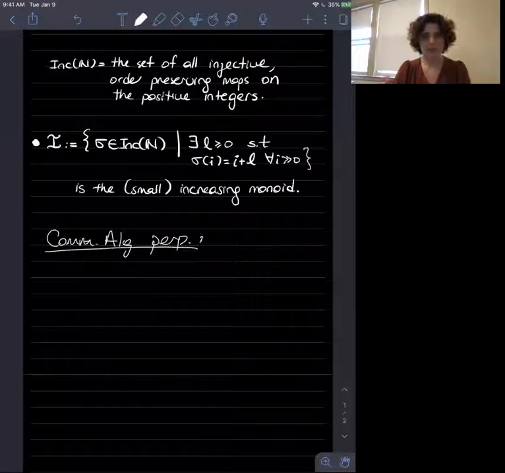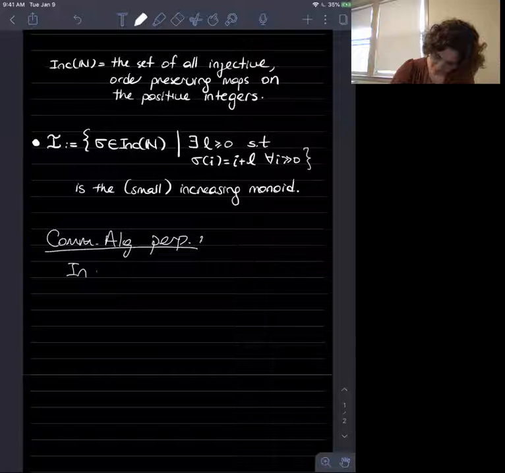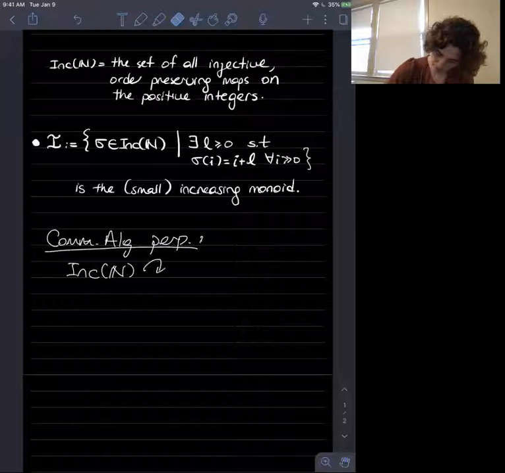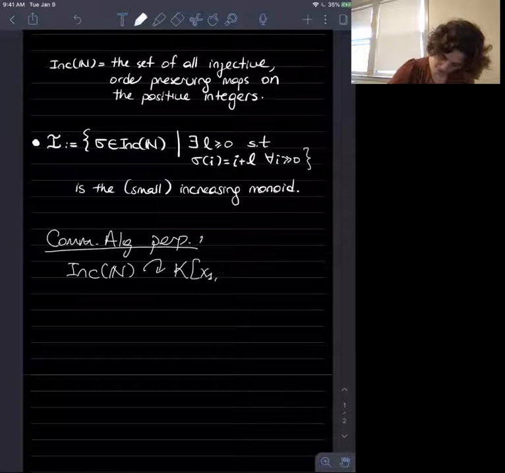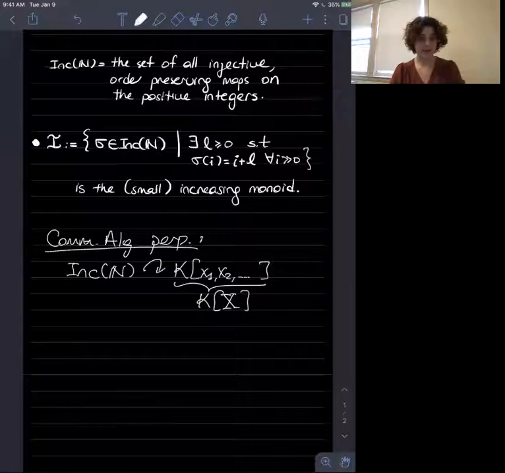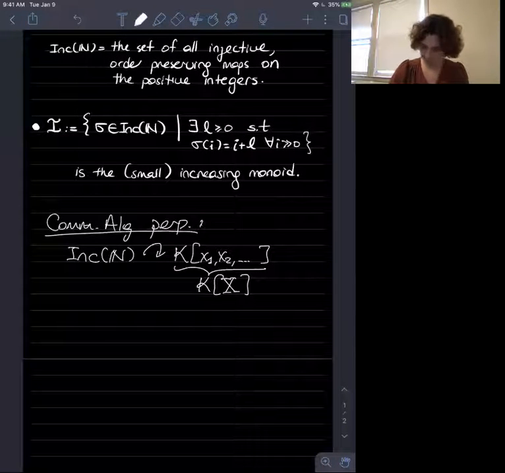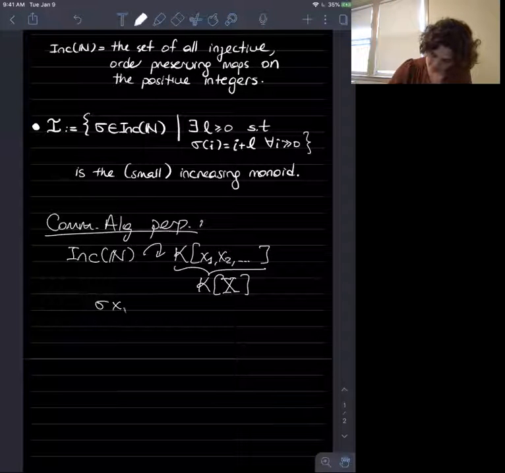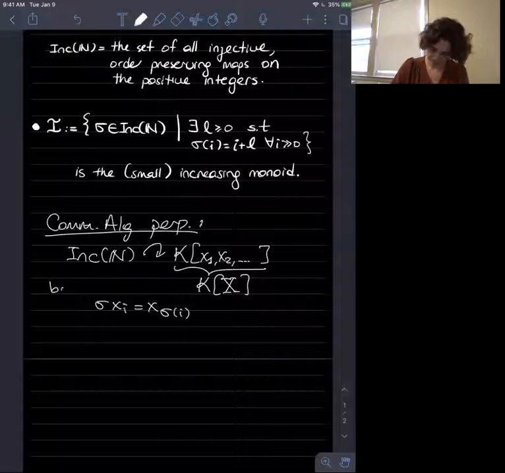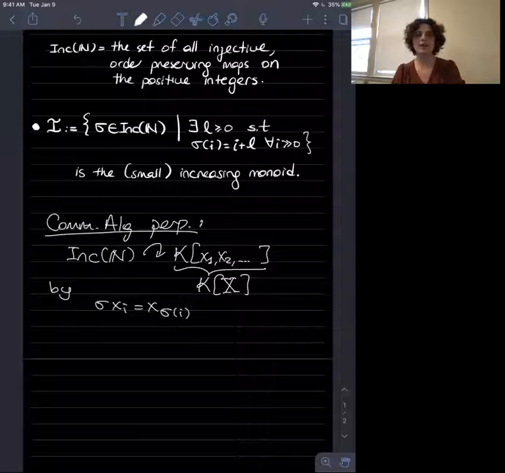The one main thing comes from the action of Inc, the big one, over the polynomial ring with infinitely many variables. I'm just going to refer to this as K[x] for simplicity. The action is quite natural. You can define it by defining it on each variable like this. And then we can talk about Inc invariant ideals.